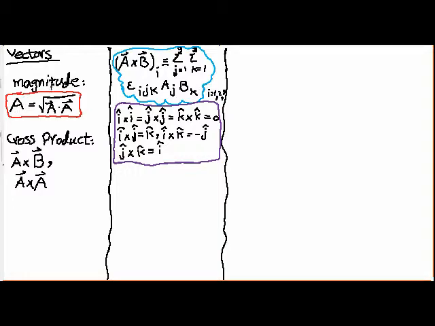Okay, so the magnitude of a vector is defined in this way.